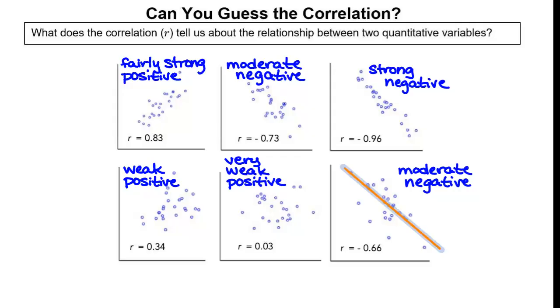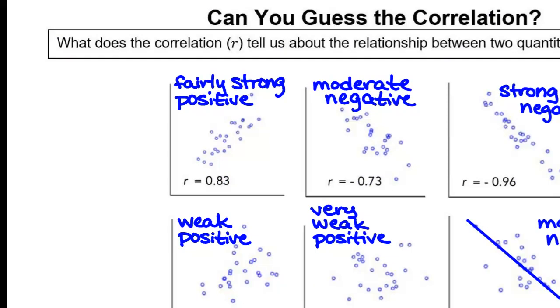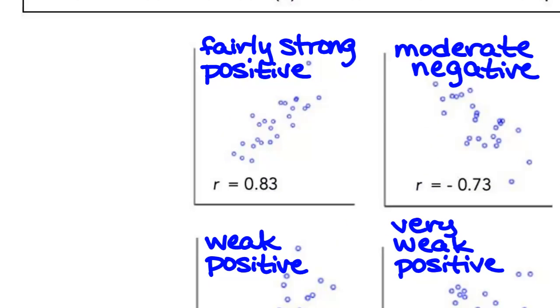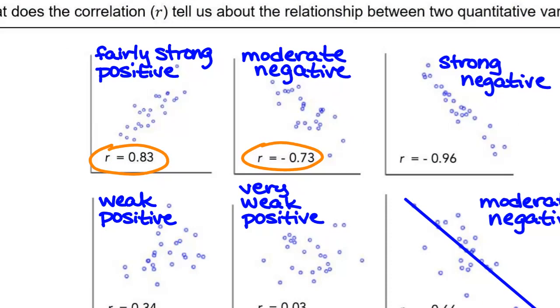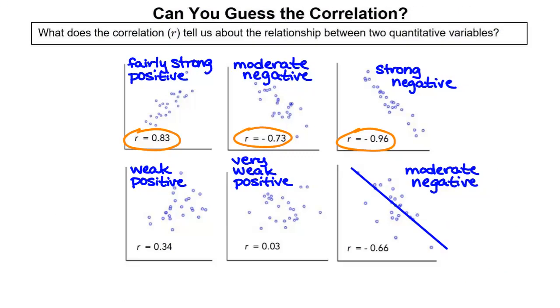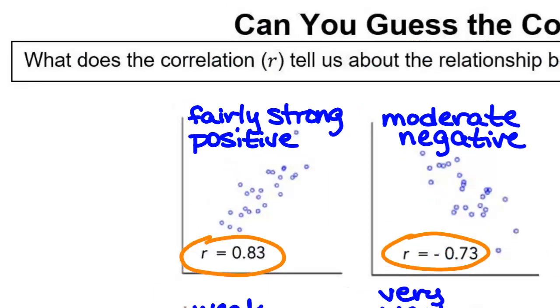All right, so we are going to learn about a new variable. I don't know why I changed that to orange. Let me fix that. So down in the corner of each of these graphs, there's something called an R value. The R value is also called the correlation.